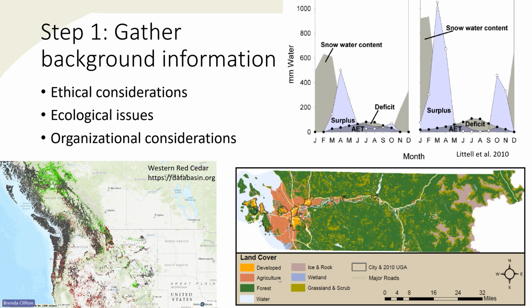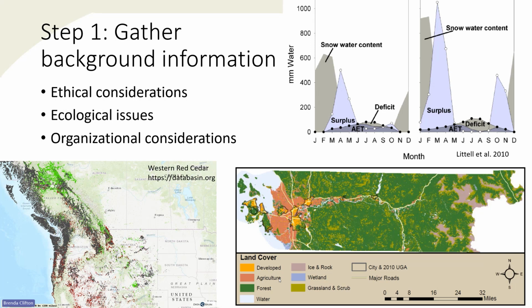We also need to think about ecological issues. What are the priority species and ecosystem functions for which assisted migration can be considered? If we're doing a riparian restoration project, we are probably pretty well versed in the function of the ecosystem that we're working with.